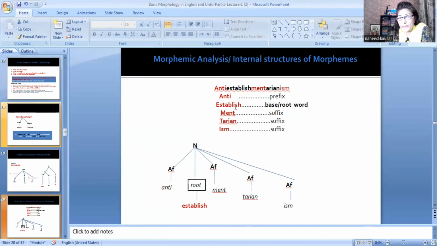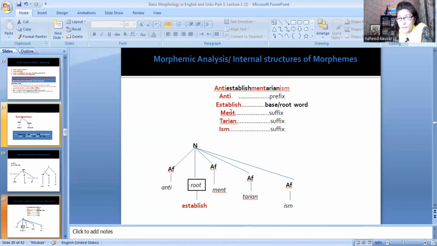Here we see that establish is the root word, and it becomes the base for the next morphological element, that is ment. And then again, establishment becomes the base for another word if we attach arian to it, establishmentarian.